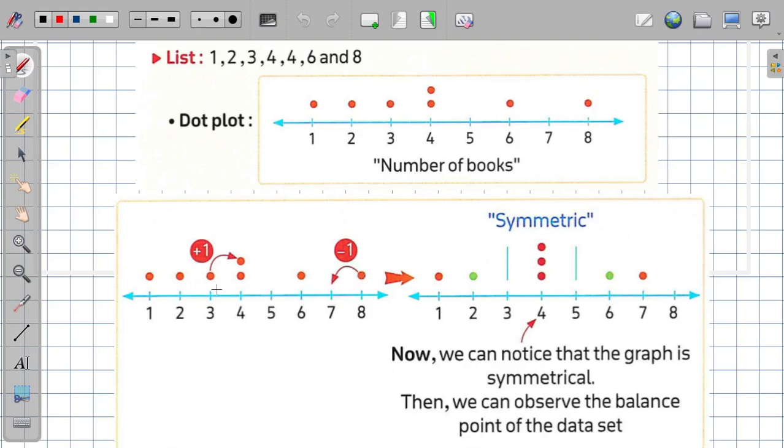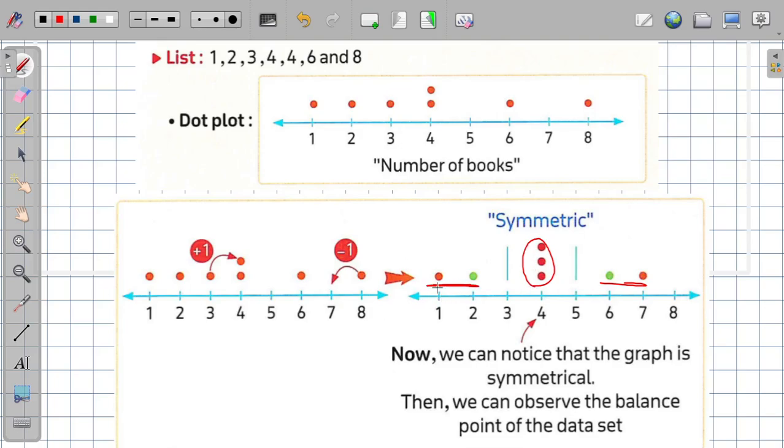So it will be like this. I will have two dots at 6 and 7, 3 dots at 4, and 2 dots at 1 and 2. Listen and look again.